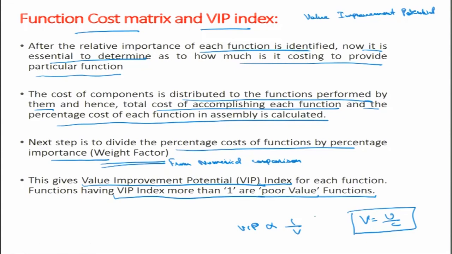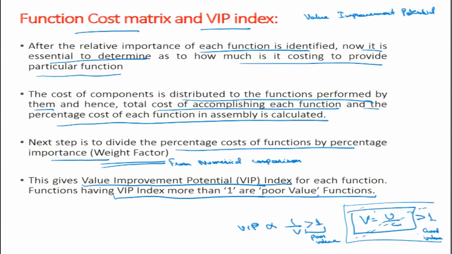The functions having value greater than 1 are good value, while VIP greater than 1 implies poor value. So, we are talking about VIP index here, not value.